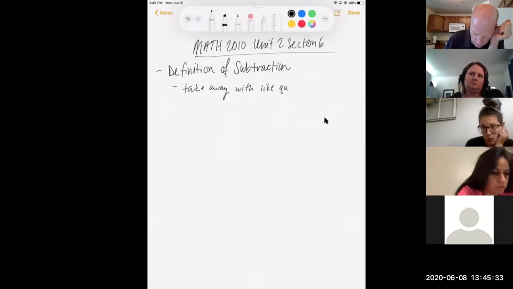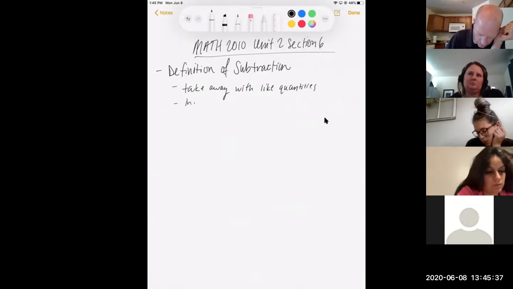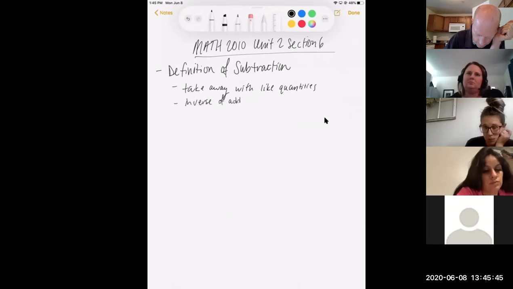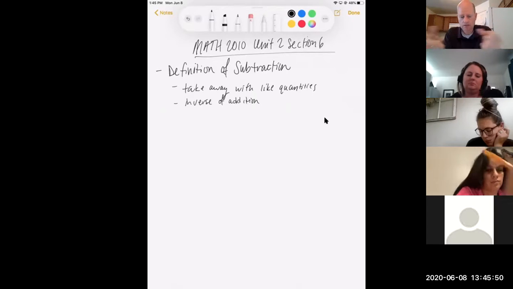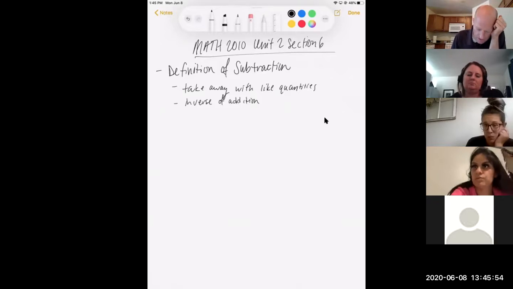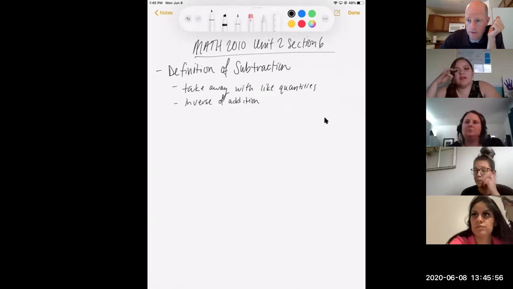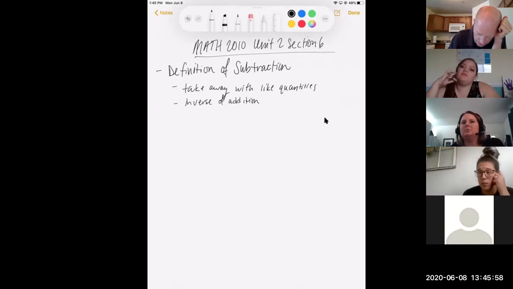It's the inverse of addition. Okay, good. So addition is combining, subtraction is taking away. Good. So those are opposite. That's another word: inverse, opposite of addition.